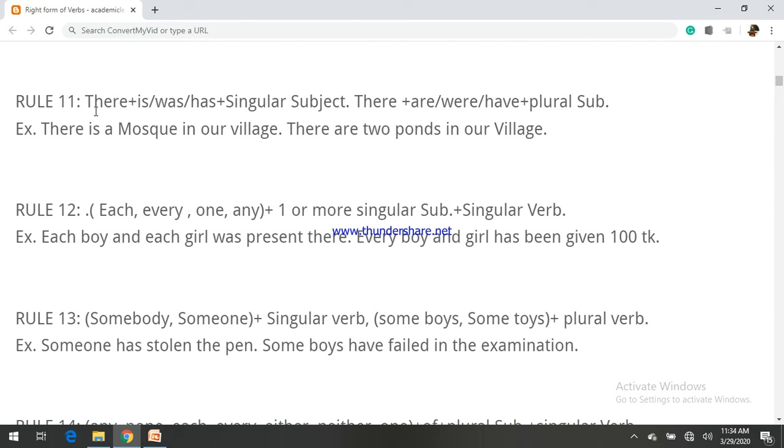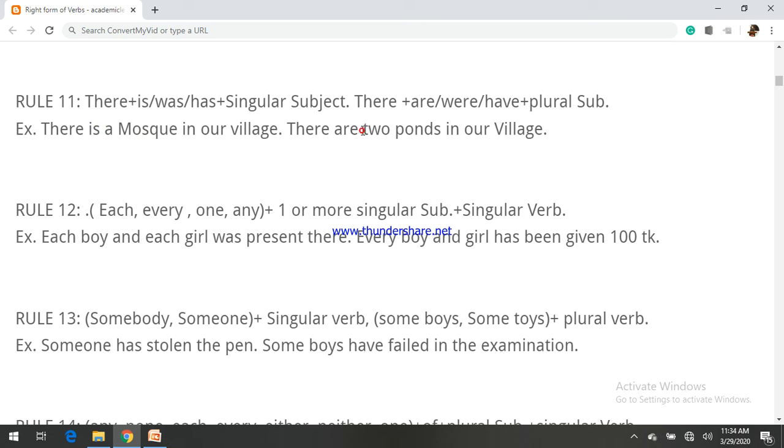That means there plus singular verb plus singular subject, and there plus plural verb plus plural subject. You have to see the subject attentively in these types of sentences where there is at the initial moment. There is a mosque in our village. A mosque is singular, that's why is.